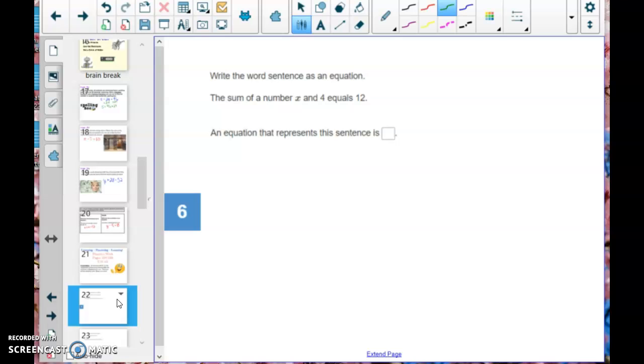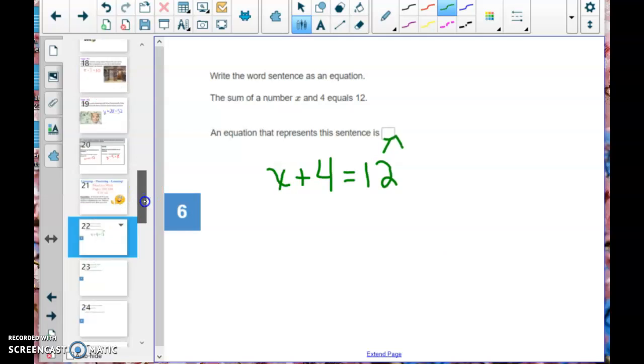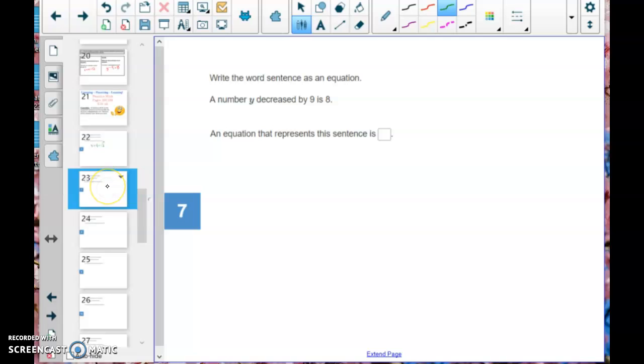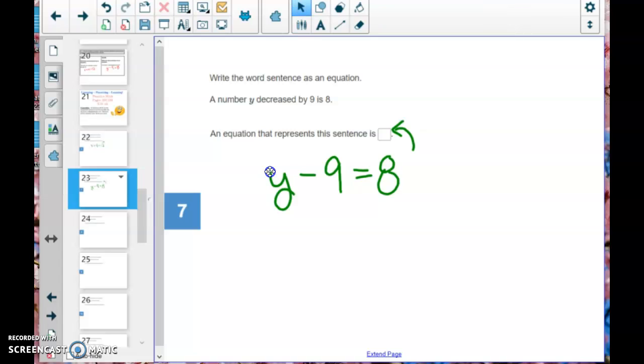Well, on my paper, I would need to write x plus 4 equals 12. Once I have that written on my paper, then I would enter that into bigideasmath.com and I can check my answer. Second question says y decreased by 9. So I'd write on my paper y minus 9 is 8, and then I can enter that answer in bigideasmath.com.